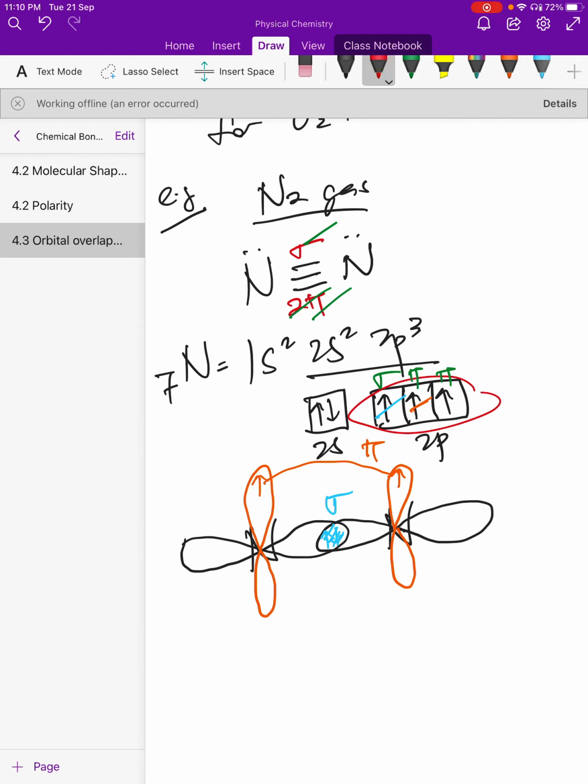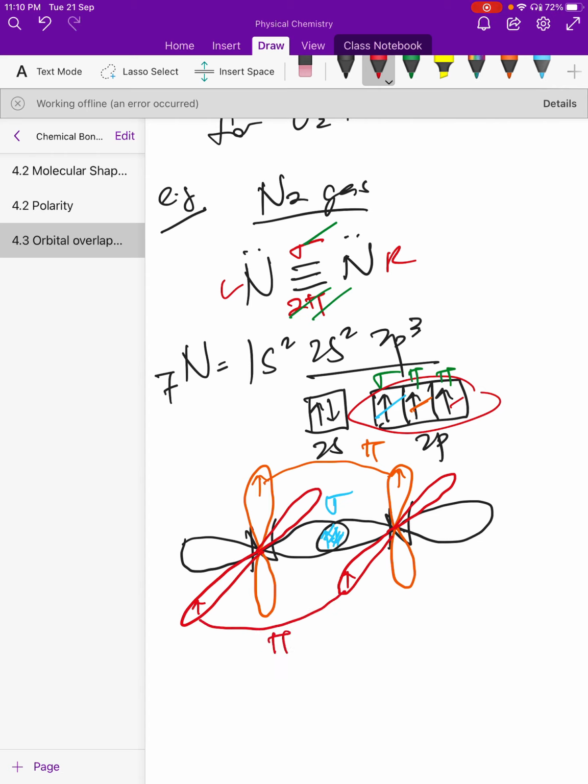Now, the third one is also parallel overlapping. So, what do we do? We slant it to 45 degrees. One I put on the left, one I put on the right because we have two nitrogens, left and right. So when they overlap sideways, we get a pi.